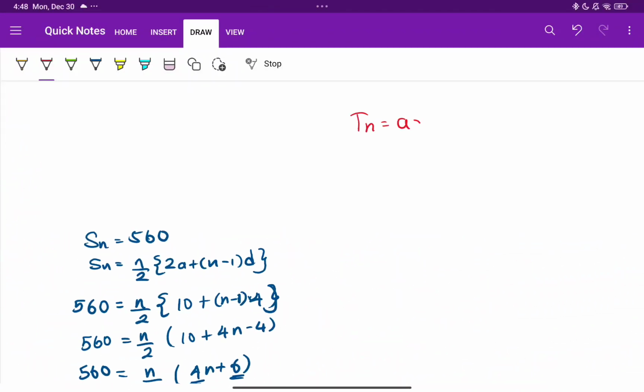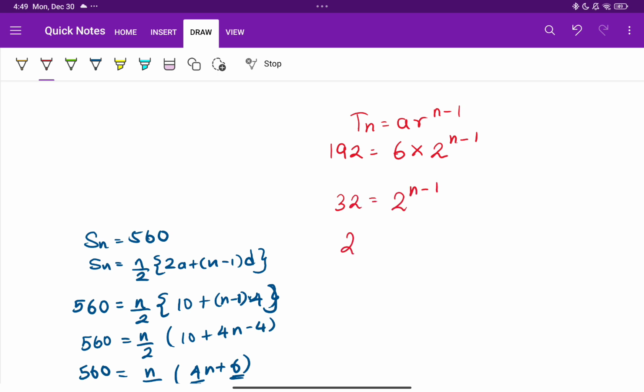Tn is equal to A R to the power n minus 1. Now we know Tn is 192 and we know A is 6, R is 2. All we have to do is find n, right? We can divide 192 by 6, which gives us 32. 32 is 2 to the power n minus 1.